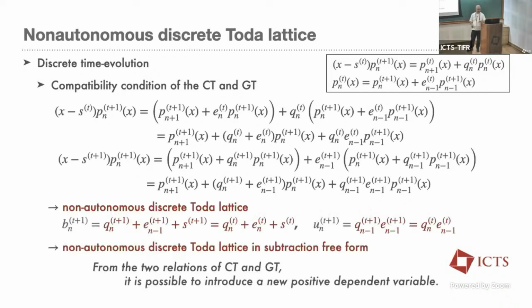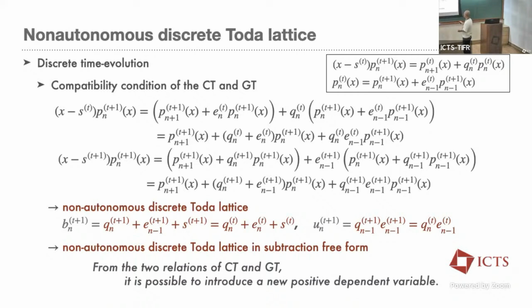But anyway, the final result is not so difficult: this relation should hold. So b_n is just the middle term of the three-term recurrence, and u_n t is just the bottom coefficient. So each of them should be written in this way. So here, naturally, we can introduce some non-autonomous parameter s_t or s_t plus 1.